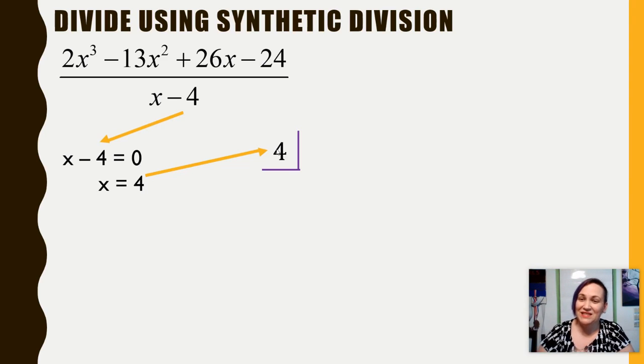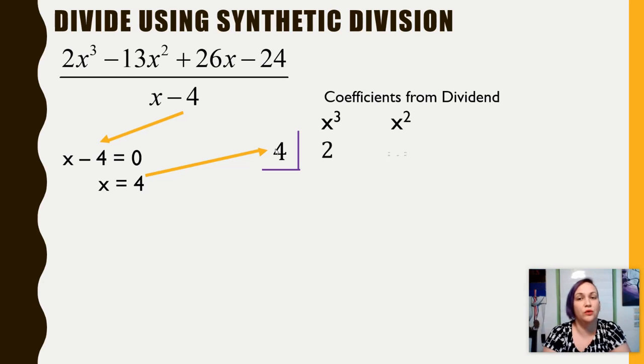Now, because this is synthetic division, it's not real division, we're not going to include everything from the original problem. We're really just going to focus on the numbers, and we'll worry about the variables later. Next to that little box corner, we're going to take all of the coefficients from the dividend. The dividend is the numerator, what we're dividing. We start with the x to the third, which has a coefficient of 2.